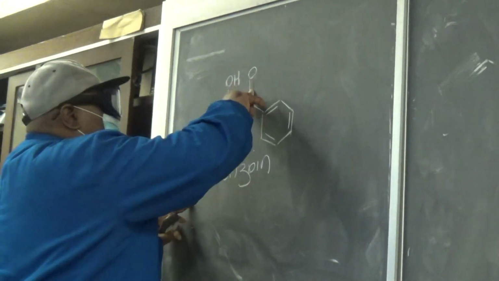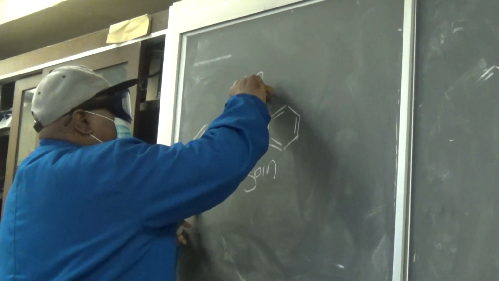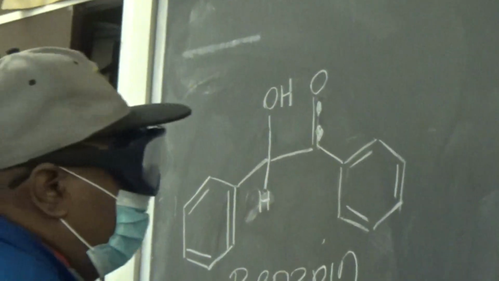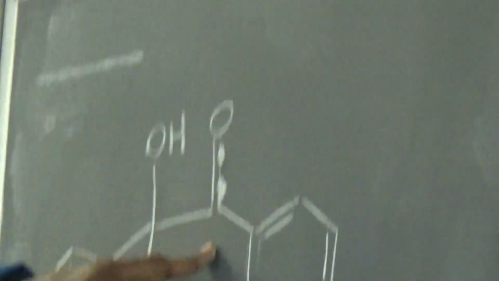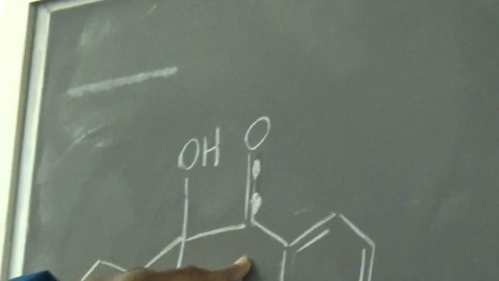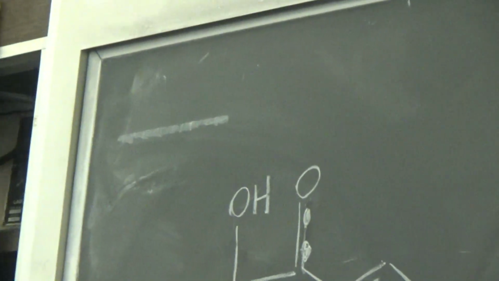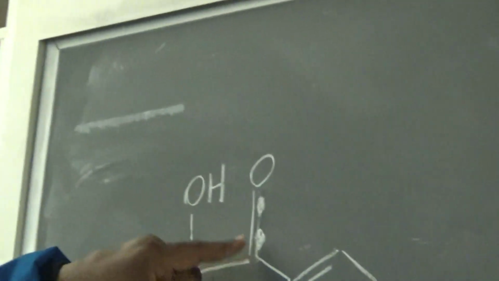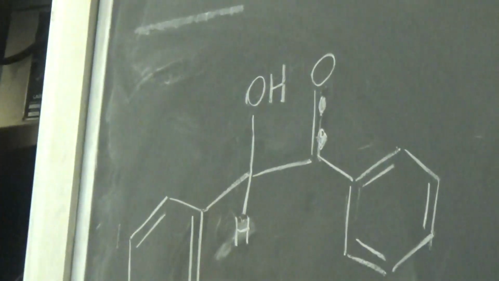I will draw this one like that. There are 2 electrons there, so it's a double bond. There are 4 electrons total, 2 from each bond. I draw it like that because I'm going to show the mechanism.